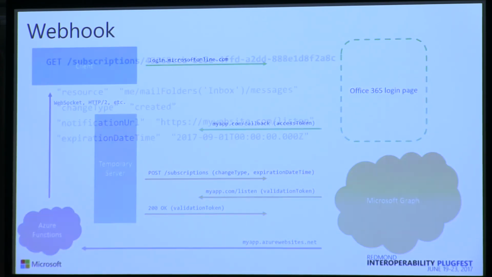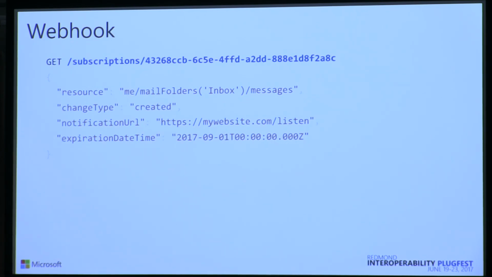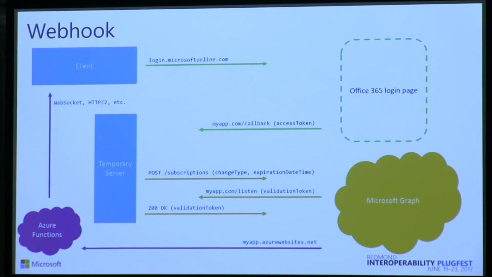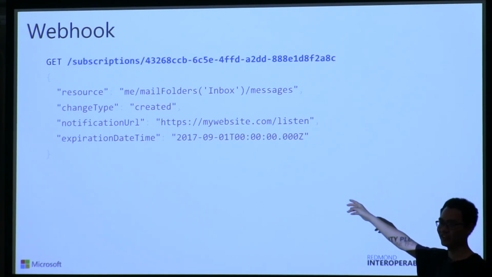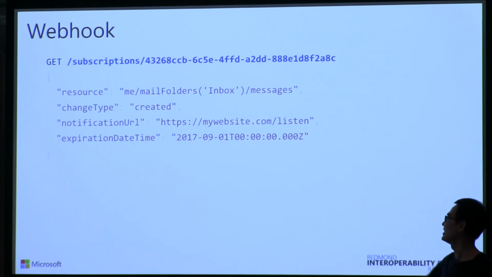We have 1 minute. Remember, once you create a subscription with the post, and if you use get, this is what a subscription looks like. The resource is what you want to monitor all the time. In this example it monitors your inbox for email.